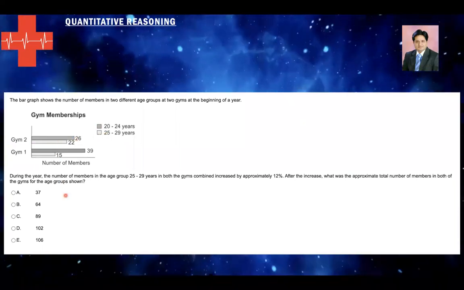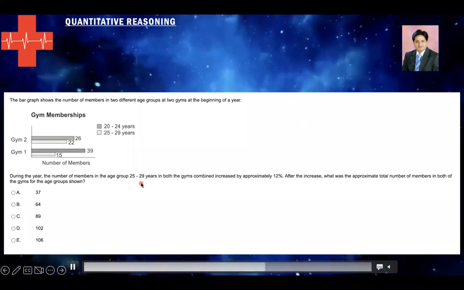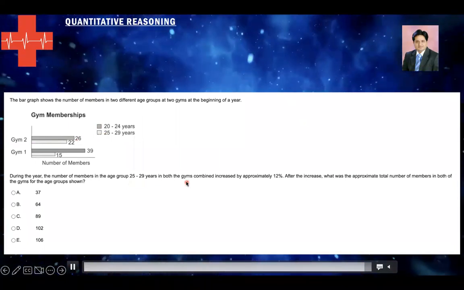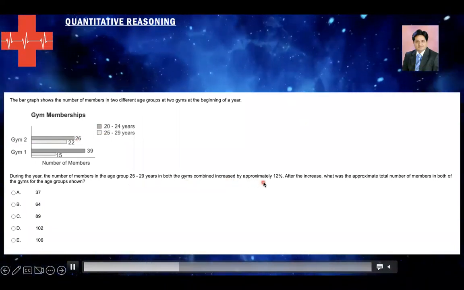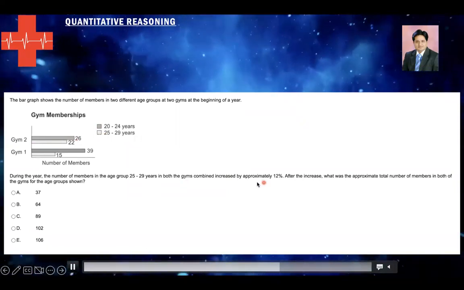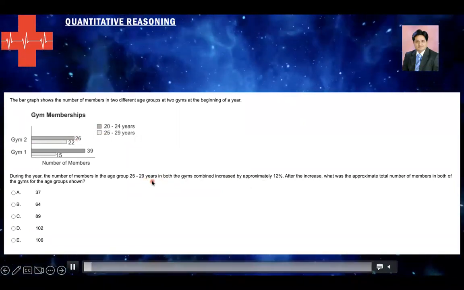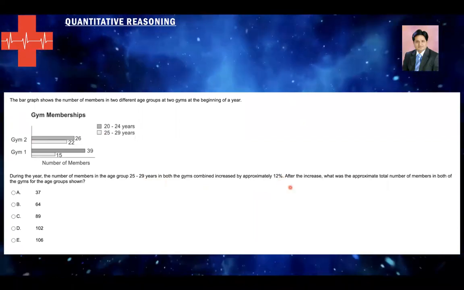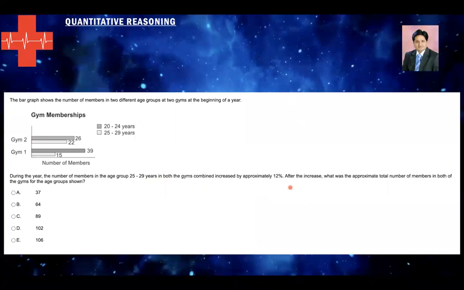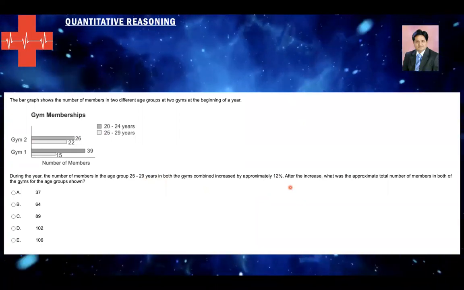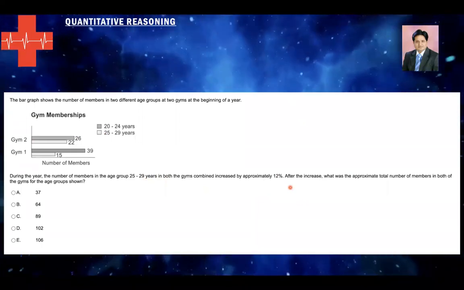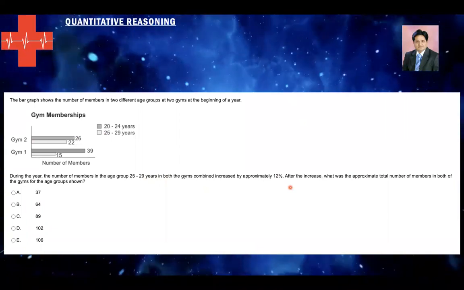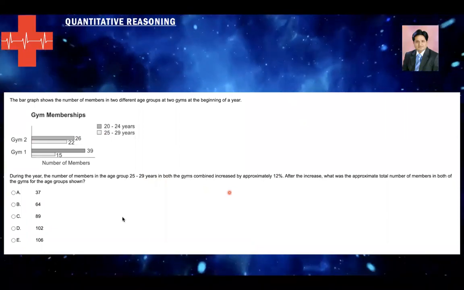During the year, the number of members in the age group 25 to 29 in both the gyms combined increased by approximately 12%. After the increase, what was the approximate total number of members in both the gyms for the age groups shown? So pause the video and try attempting this question.